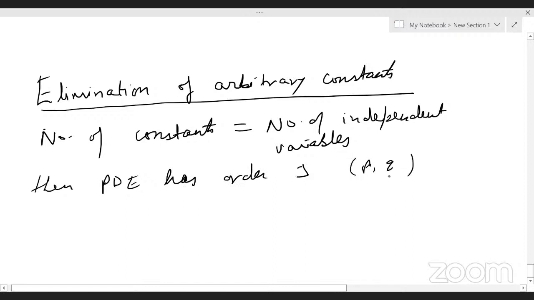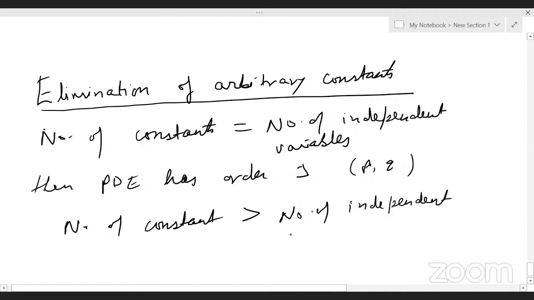Okay, not R, S, T. And if the number of constants is greater than the number of independent variables, then the PDE will have order greater than 1.